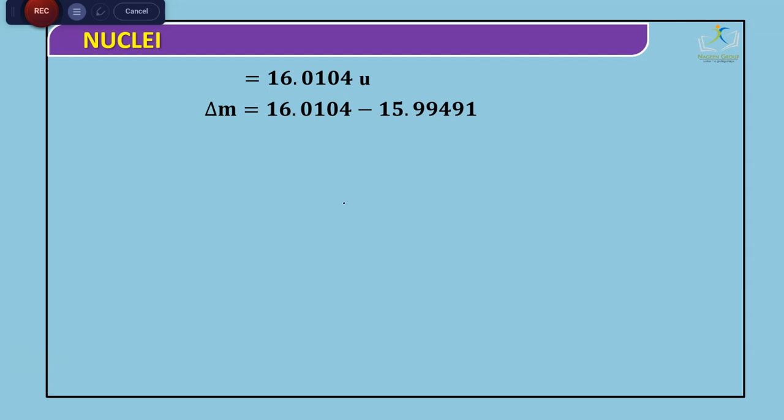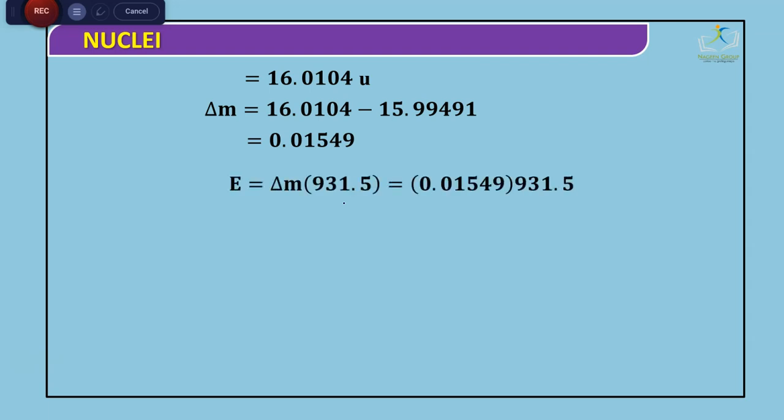We calculated the difference of the two masses, which gives 0.01549. And the energy which we calculate from this by putting the value is 14.4 MeV, which is option 3. I hope you understand, students.